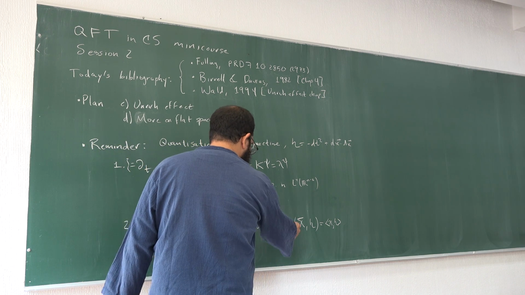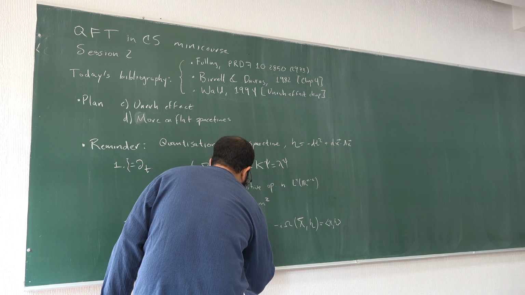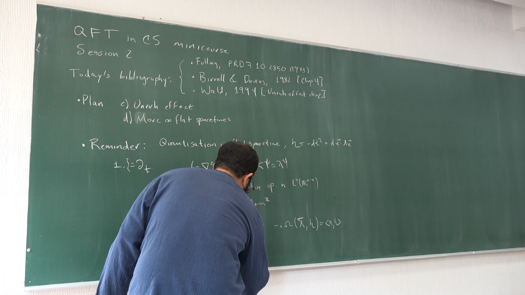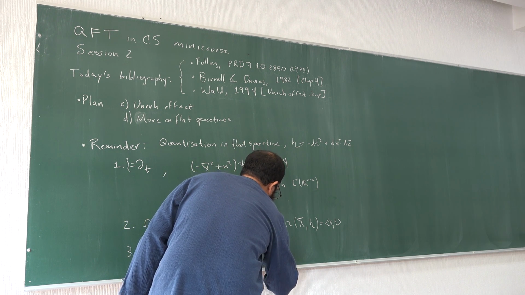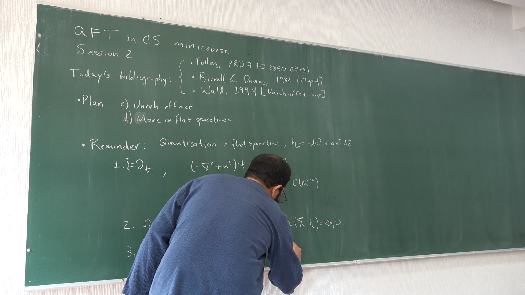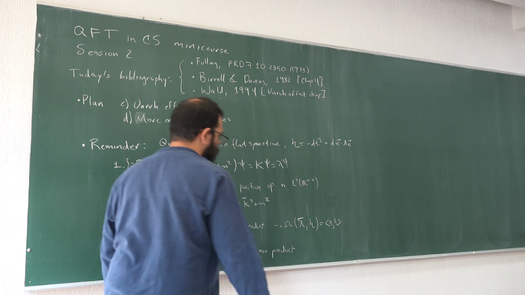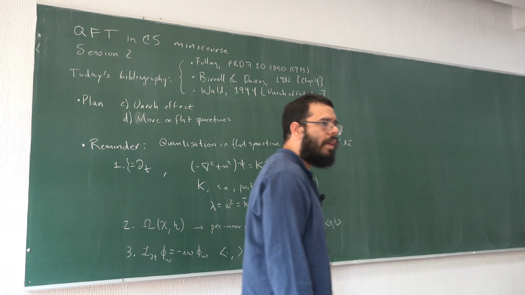And on this space, this friend of ours is an inner product, okay? And this is called a pre-Hilbert space of our quantum theory.